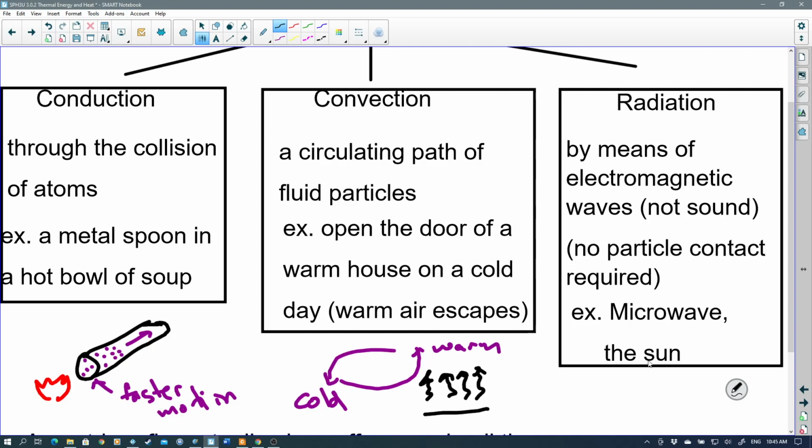For the sun, for instance, to heat up the earth, the warmth of the sun reaches the earth without traveling through a medium, right? Space doesn't have any particles in it. So that's proof that the energy can be transferred without actually having to affect particles in between. There's no particle contact. So it's completely different than conduction, where you absolutely need particle contact, whereas for radiation, you don't.